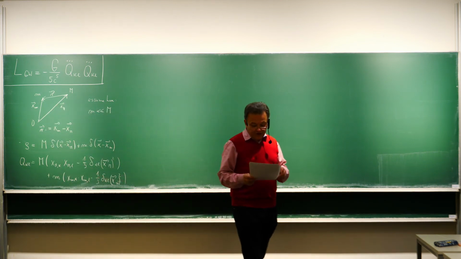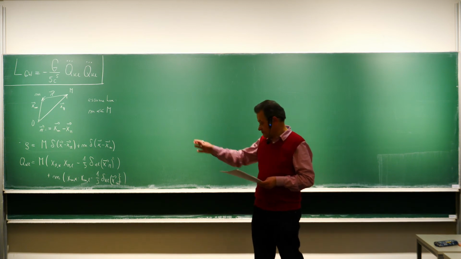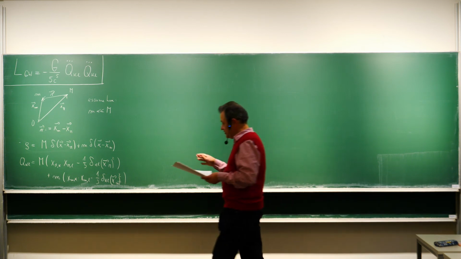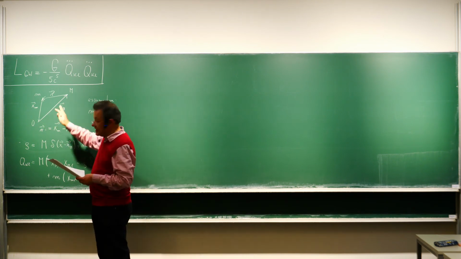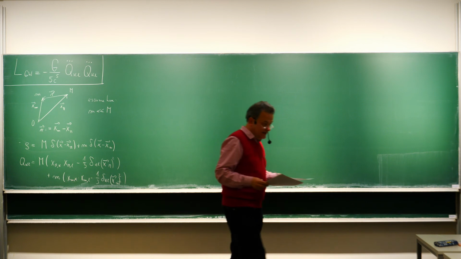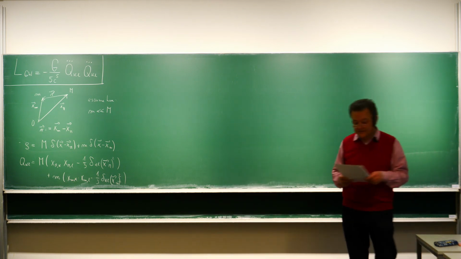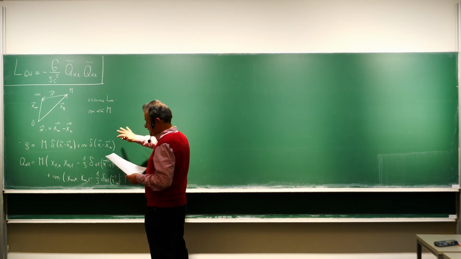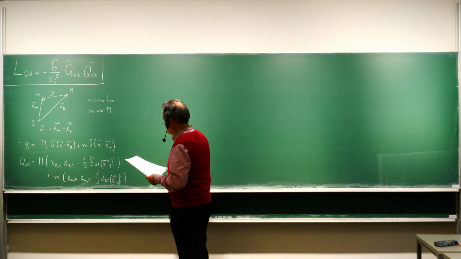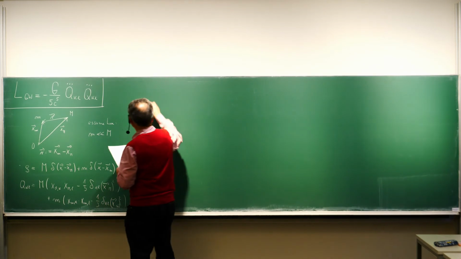As I said, I will not now do this in detail. It turns out to be convenient to put the origin in the center of mass of the two and do the calculation there. And let me also assume that we have a circular orbit in the xy plane.